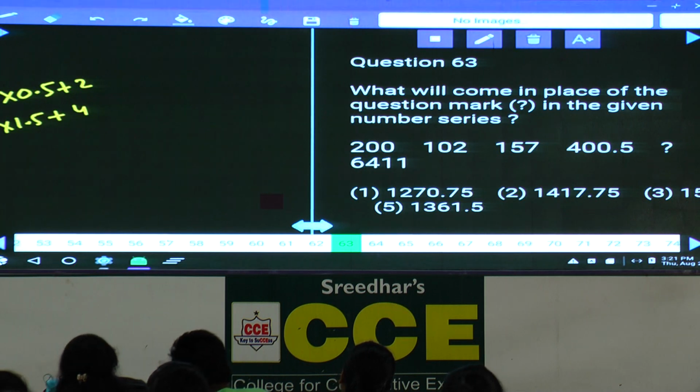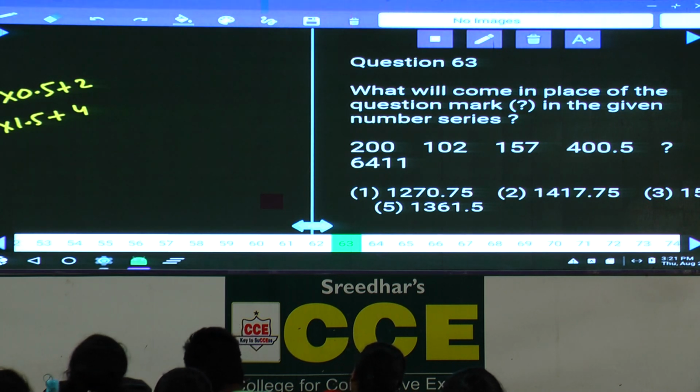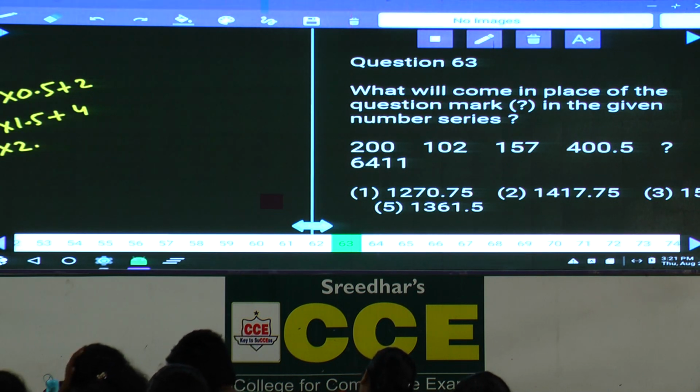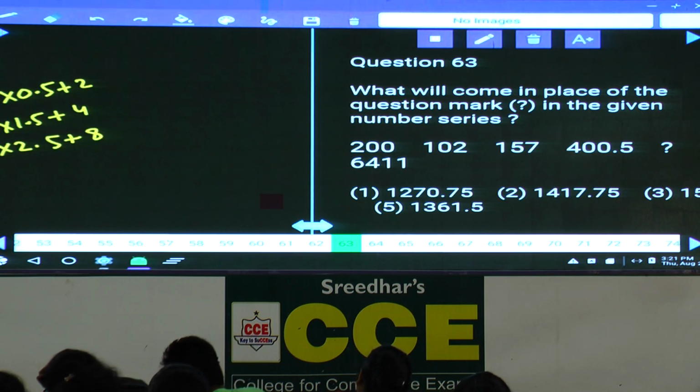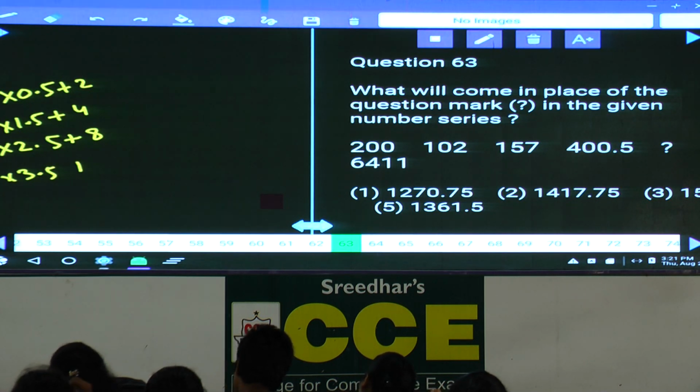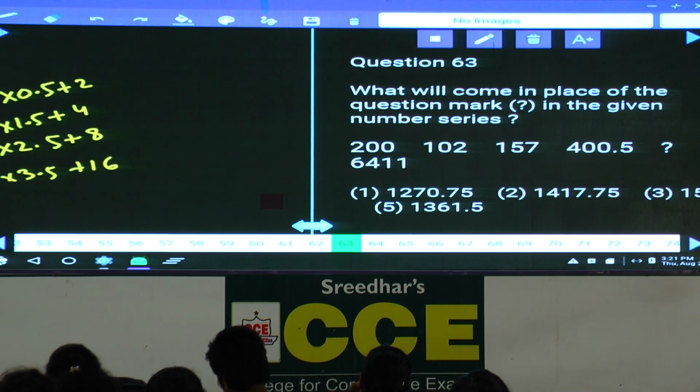Into 1.5 plus 4. Next one 157 and 405. 157 and 400 means 157 into 2 is 300 and again some 70 is added, that means this has to be multiplied into 2.5, into 2.5 plus 8. And next one 0.5, 1.5, 2.5, next one is 3.5. And what are the numbers we have: 2, 4, 8, next one 16. Now 405 into 3.5 plus 16. Tell me what is your answer here.